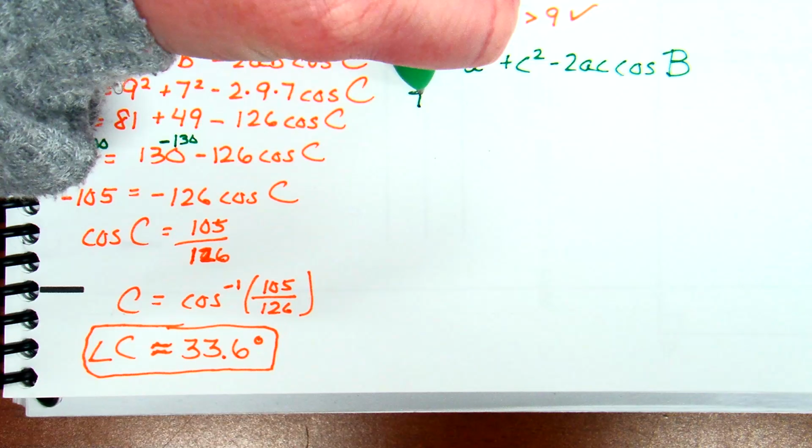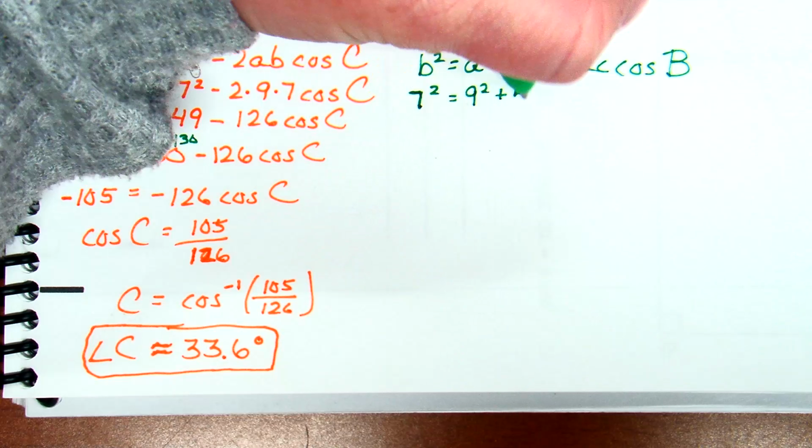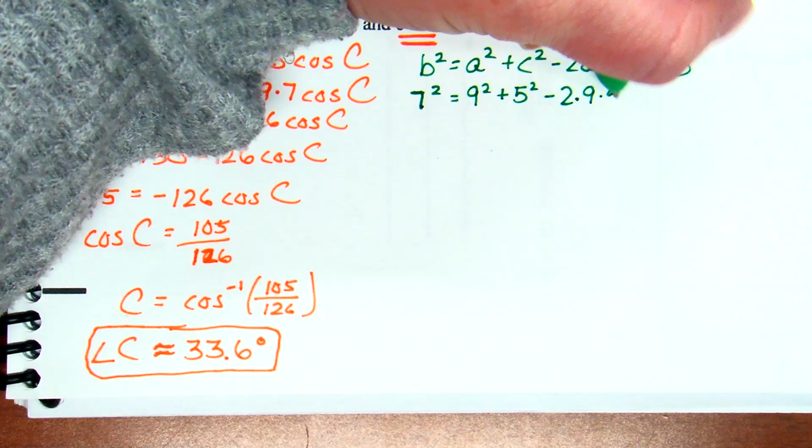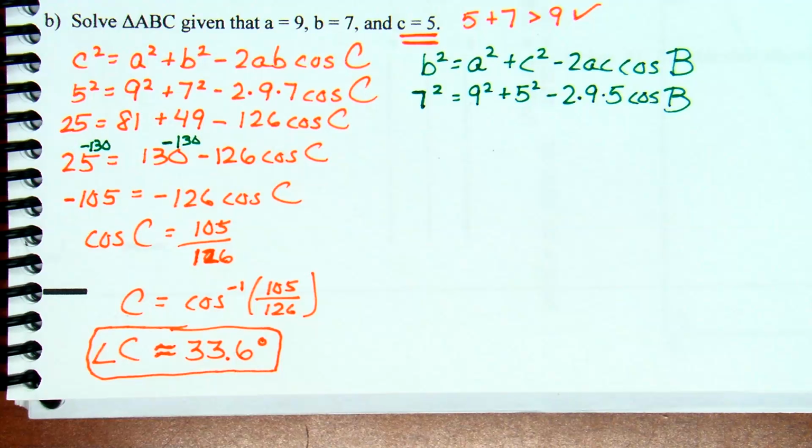Okay. 7 squared equals 9 squared plus 5 squared minus 2 times 9 times 5 times cosine of angle B. Can I just keep going on this part?